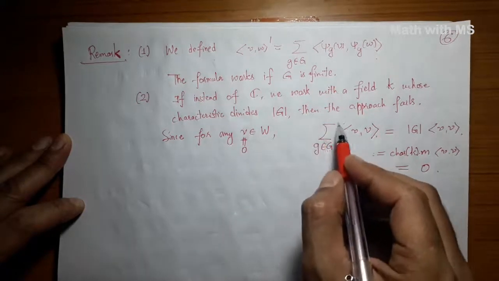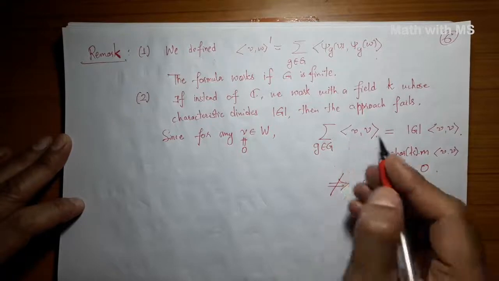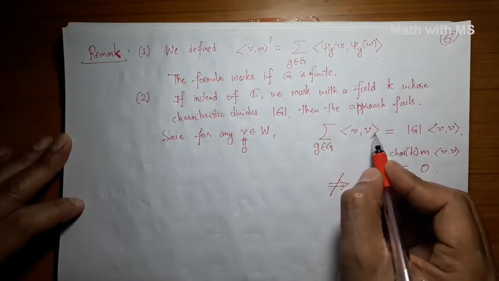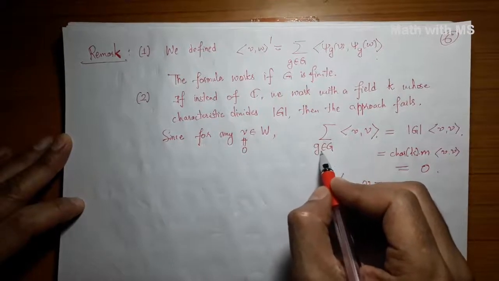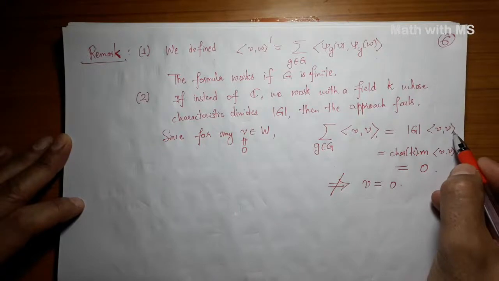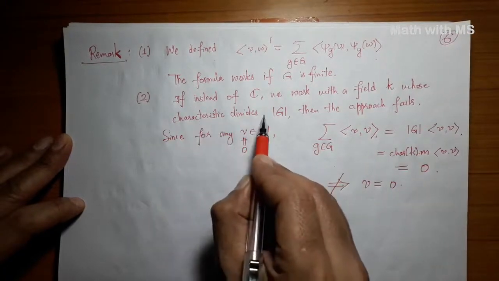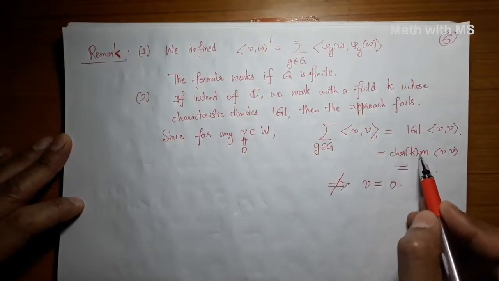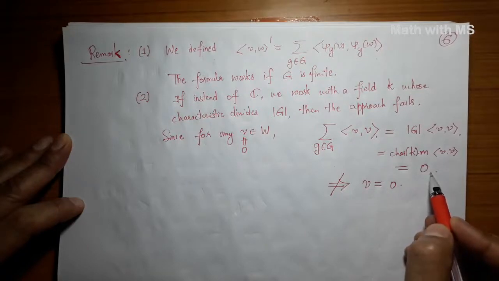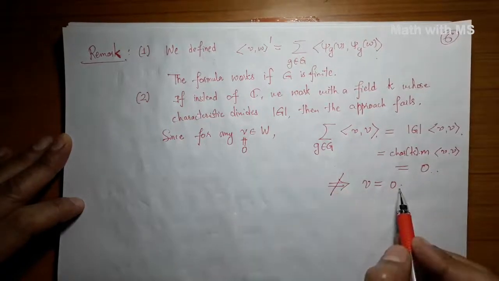If you take the summation of the inner product of the vector v with itself, once for each group element, this is the order of the group times (v, v). Since the characteristic of the field divides this, it is the characteristic times some integer times (v, v), but that becomes 0, while your vector is non-zero.